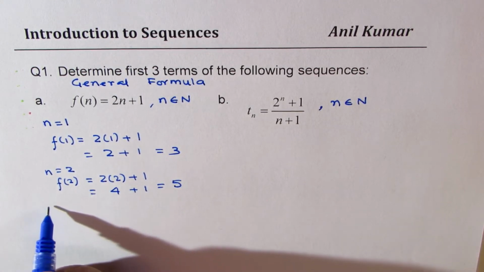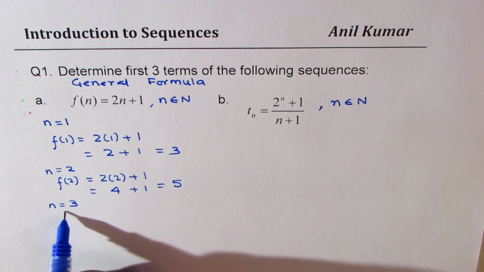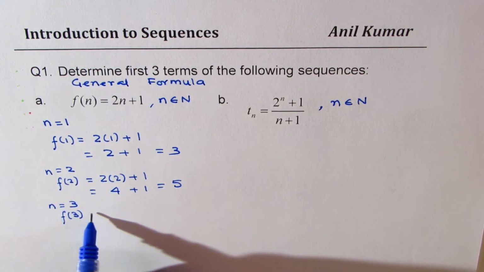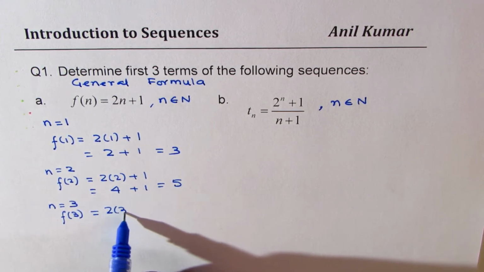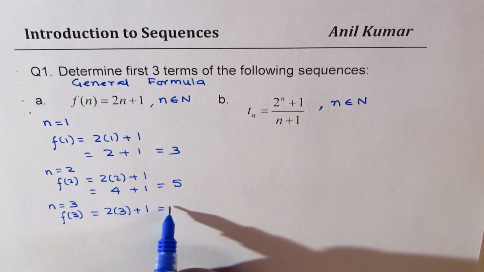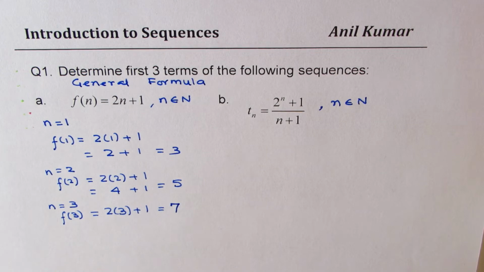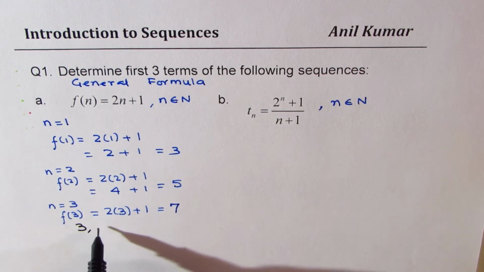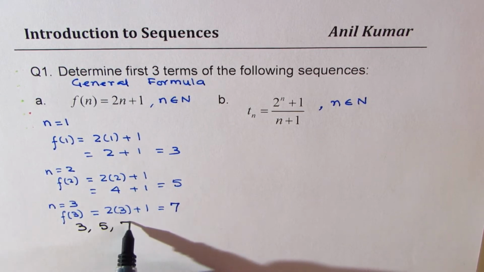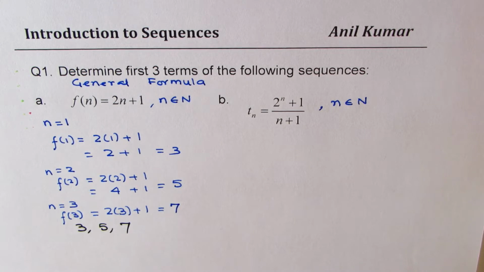And the third term will be when n is 3: f(3) = 2 times 3 + 1, that is 6 + 1 = 7. So in our sequence, the first 3 terms will be 3, 5, and 7, correct?